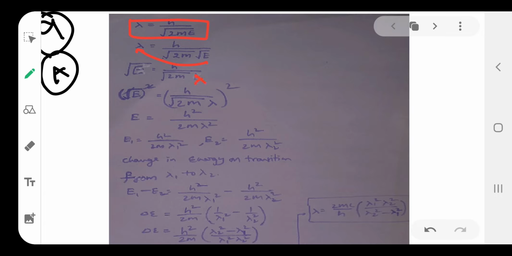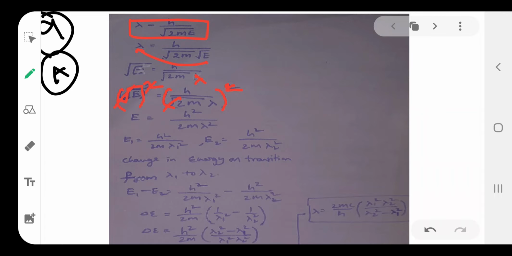Taking the square on both sides, the root cancels and we get E is equal to h square by 2m lambda square.